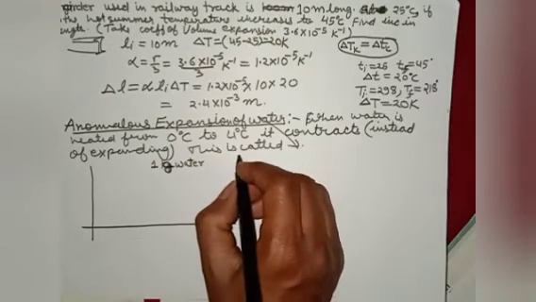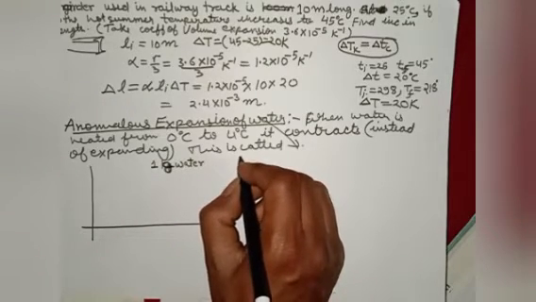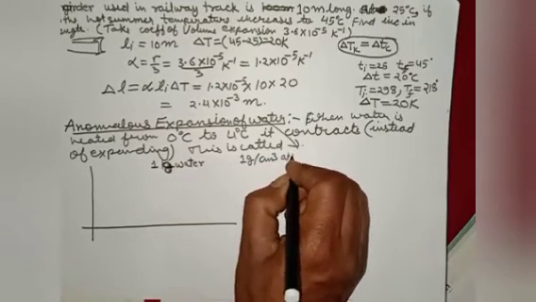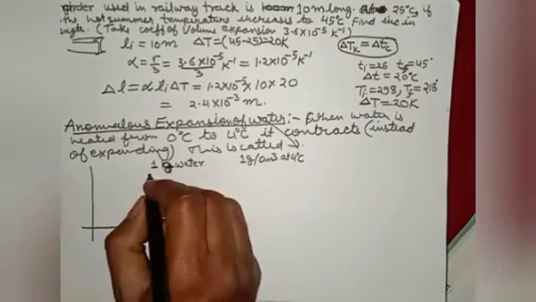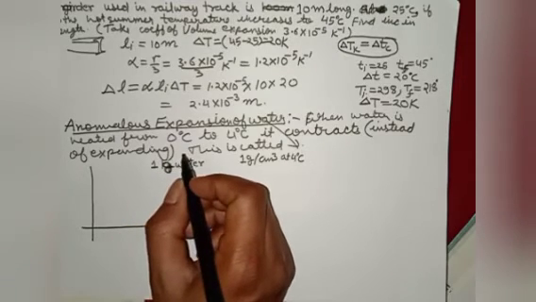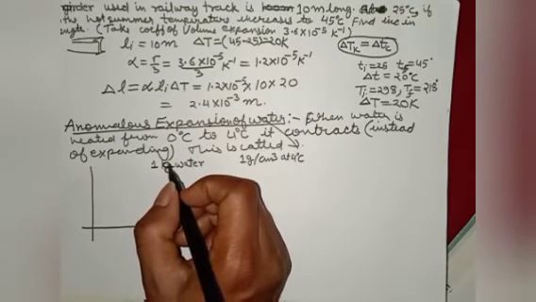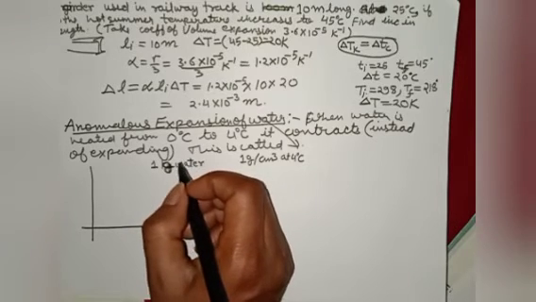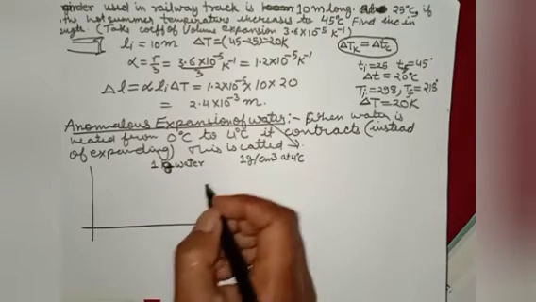We know that density of water is 1 gram per centimeter cube at 4 degrees Celsius. So that is why I have taken it, because due to expansion its volume will change, either increasing way or decreasing way, but its mass will remain same. So we have taken 1 gram of water.